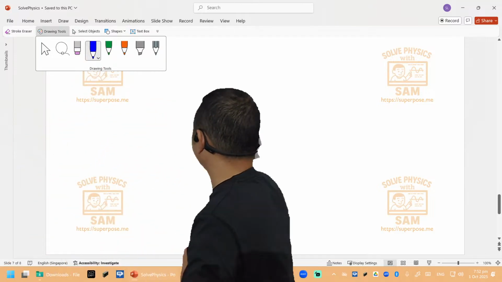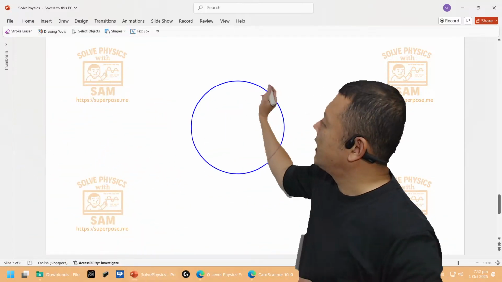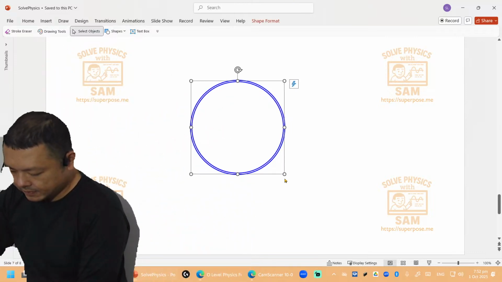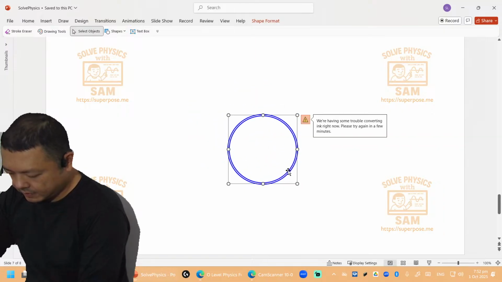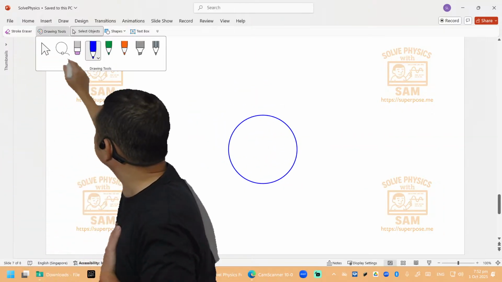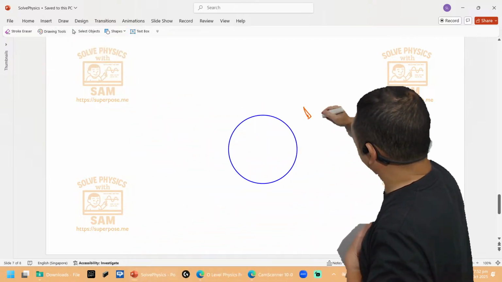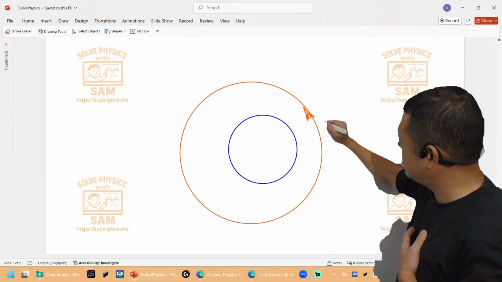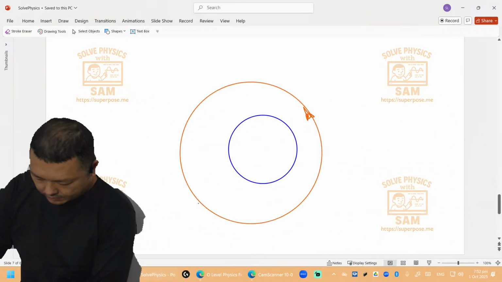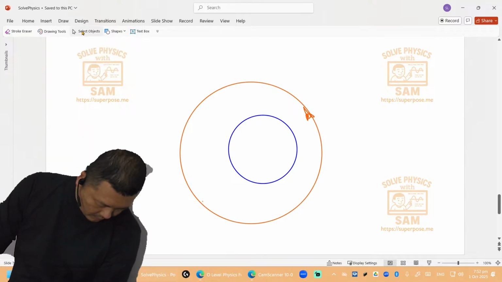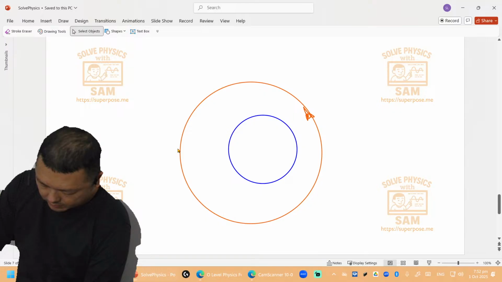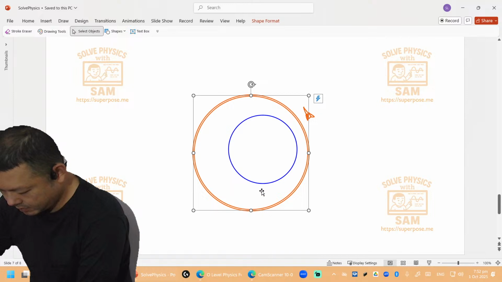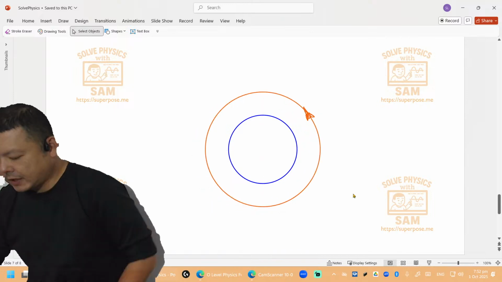Let's talk about the satellite doing its normal thing again. The satellite is a bit big, so let me reduce the size of it. Okay, something like that.